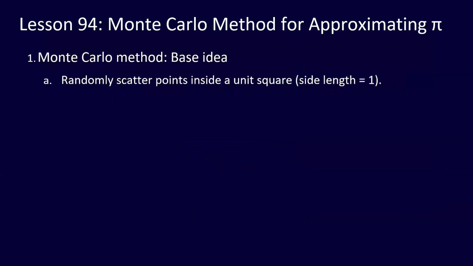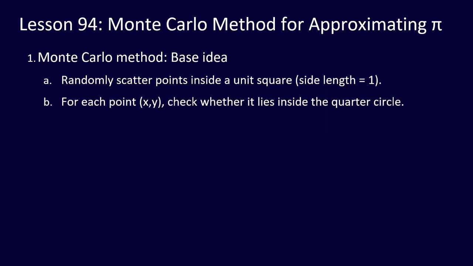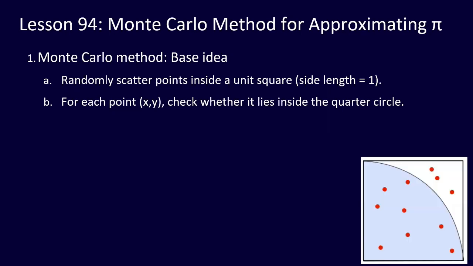The basic idea is to randomly scatter points inside a unit square, with side length of 1. And then for each point, check whether it lies inside the quarter circle or not. So it looks like this, okay?